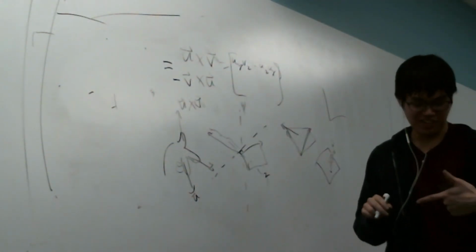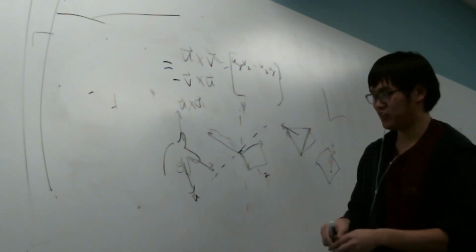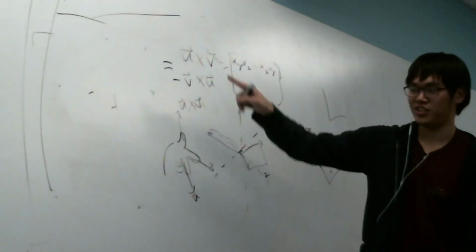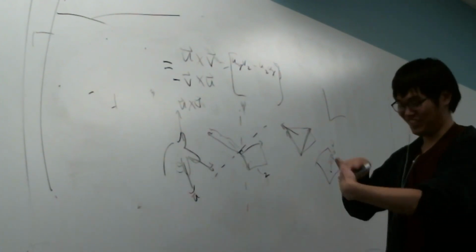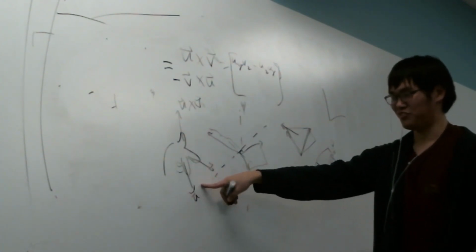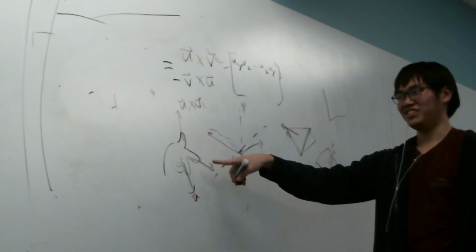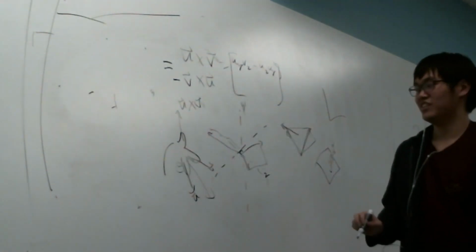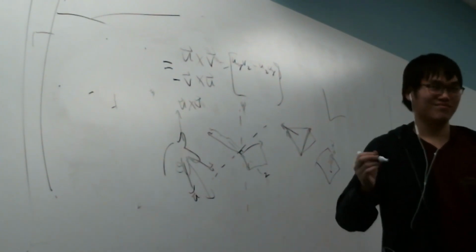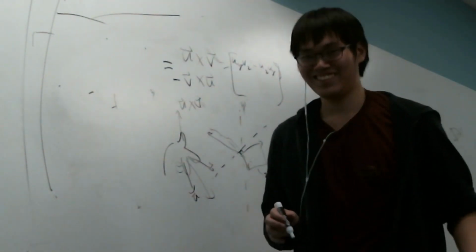So you have to make sure, if I have two vectors like this and I want a vector going upwards like that, I first do the cross product of whichever one is more in front, and then V. Otherwise, if you do V cross U, you're going to get a vector that goes down like that. Make sense? Okay.